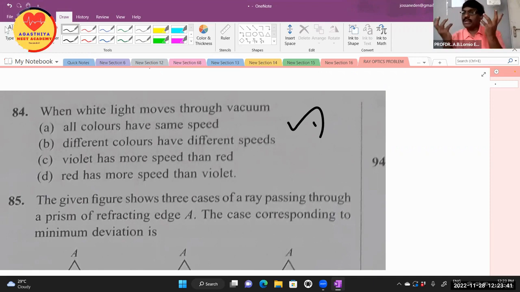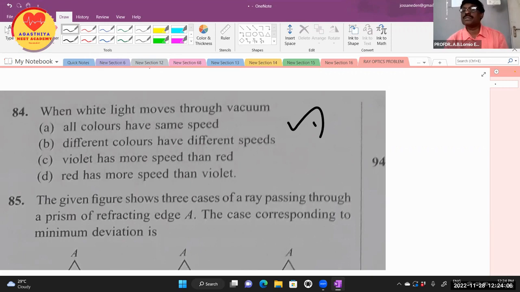As a result, there will be no dispersion or deviation. White color will pass through the vacuum as white color. Therefore, all the colors have the same speed.